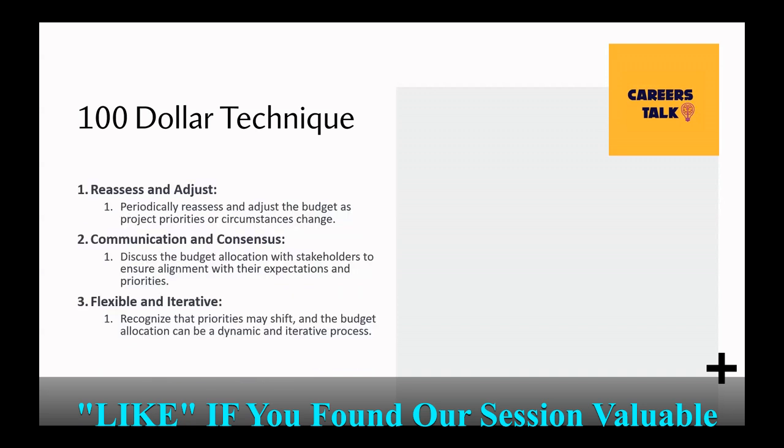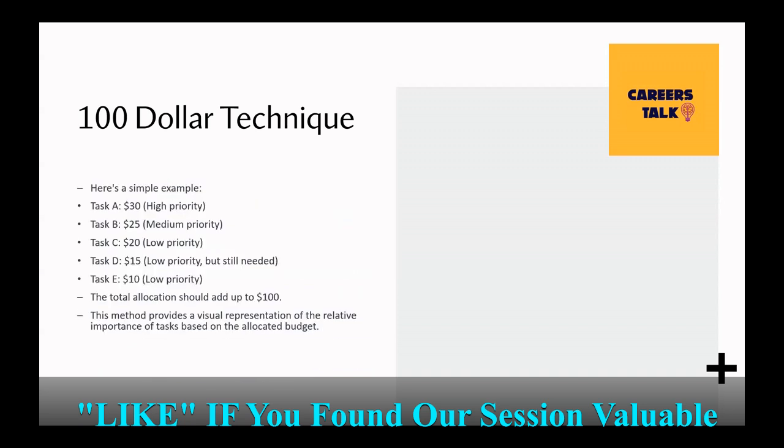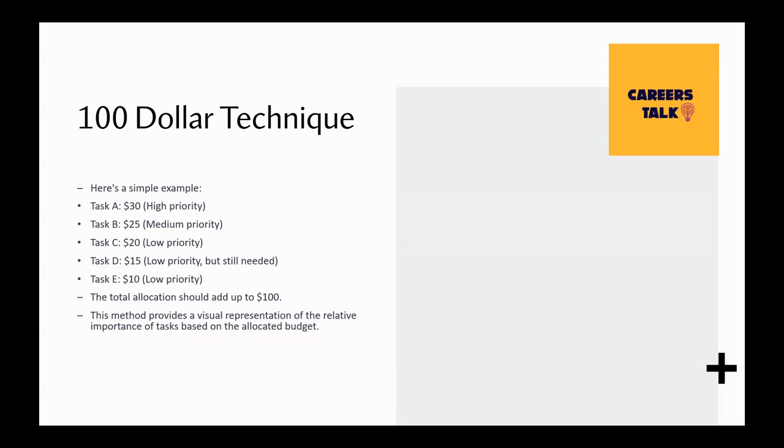Let's go to a simple example. Say there are 5 tasks. The topmost one is $30, because that's the highest priority. Then task B is $25, a medium priority. Task C is $20, a low priority. $15 is again low priority, there's not much difference between $20 and $15, but it's still required for my product.